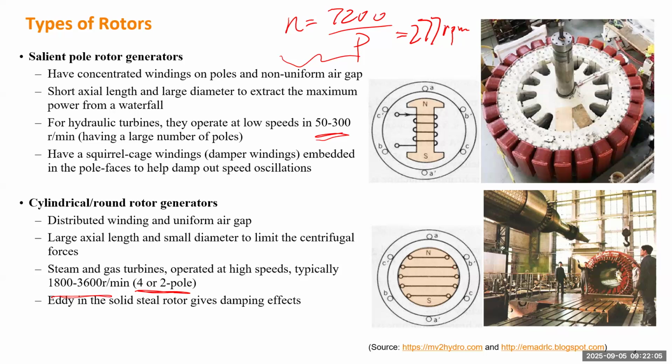But for this rotor, it's hard to design a damper winding inside of the rotor, but they can make some material inside the rotor to create a damping effect by converting the energy of the eddy current into heat. 70% of large generators, especially from 150 MVA to 1500 MVA, are round rotor generators.